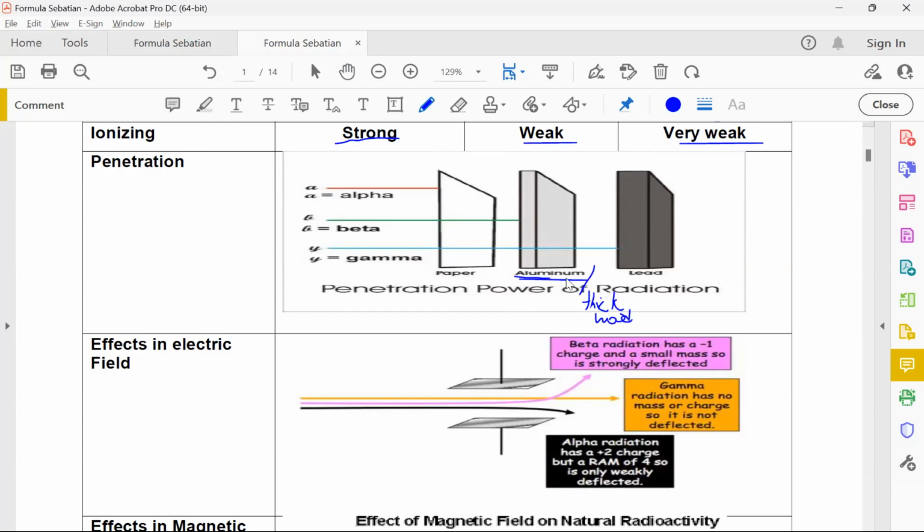Okay, in your exam, if you see the word aluminium or wood, usually they're trying to test your understanding of beta already. Okay, and gamma has the strongest penetration power of them all. It usually has to be stopped by thick lead. Okay, it has to be stopped by relatively thick lead. The one in your pencil.